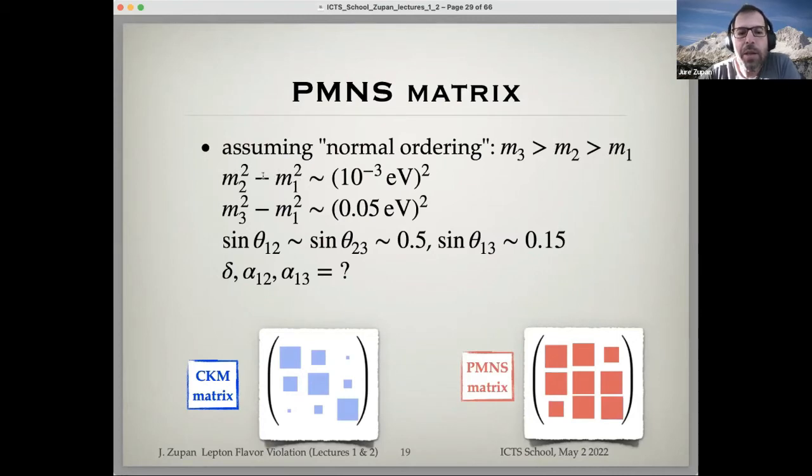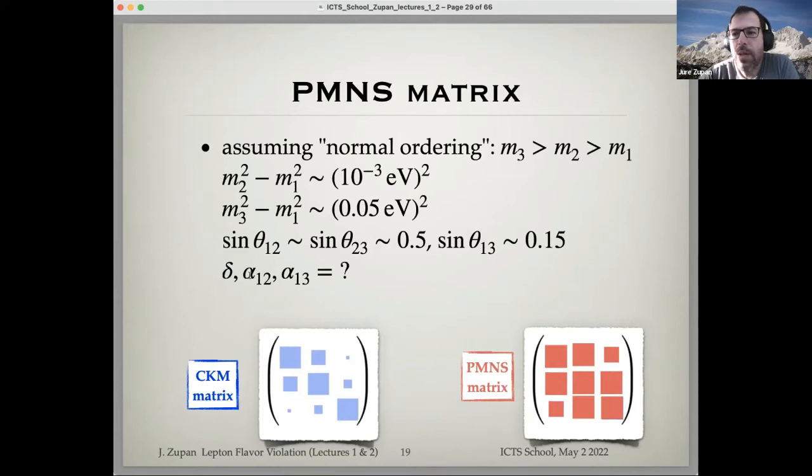Then the mass splitting between the first 2 is at the milli-electron volt, and between the 3rd and the first 2 generations it is about 50 times bigger, so 50 milli-electron volts. The mixing angles are big. They're all order 1 or order 1-ish, with this theta_13 maybe 0.2, 0.15.